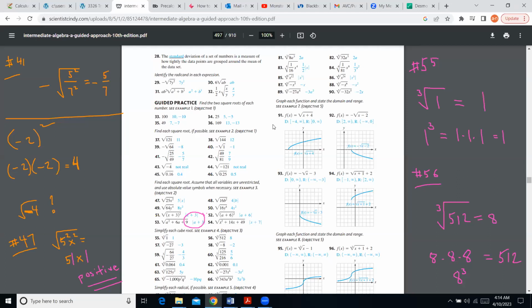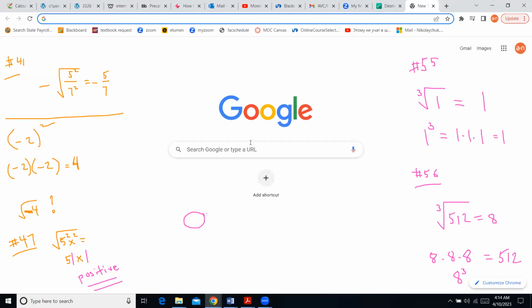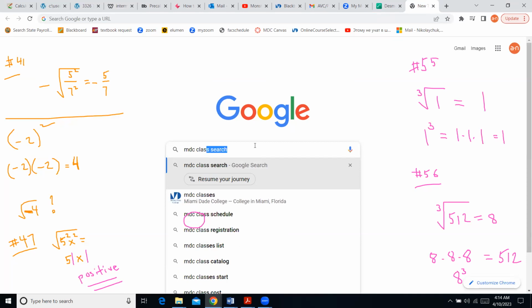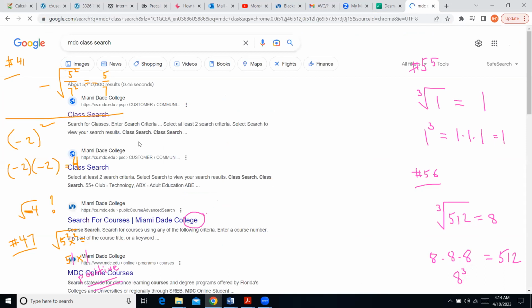Maybe I can actually show you how to find those if you are interested, because I know sometimes people don't know how to find a class. So you just need to open another page, say Google. I go MDC class schedule or class search. You can just start typing and it comes out. So class search, you choose first, search for the classes.